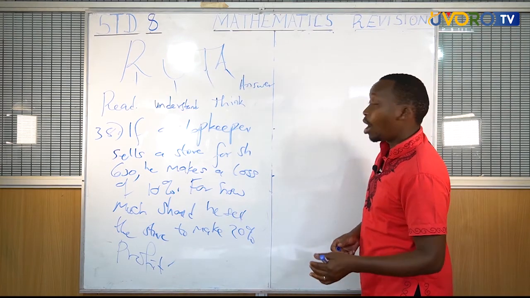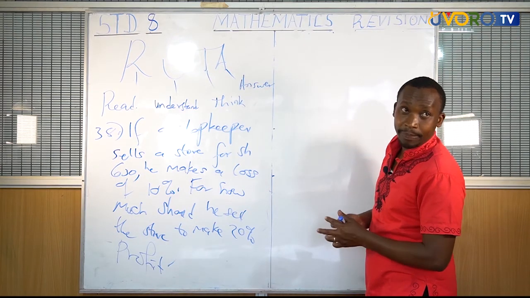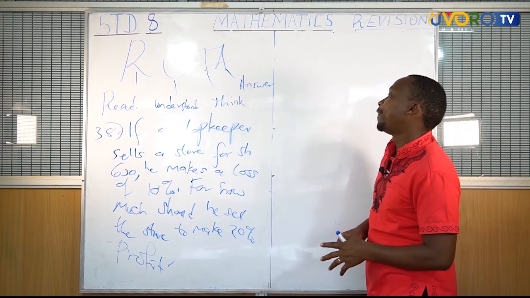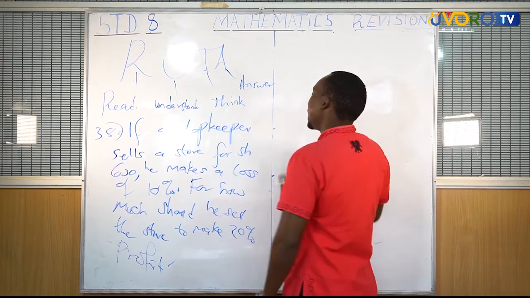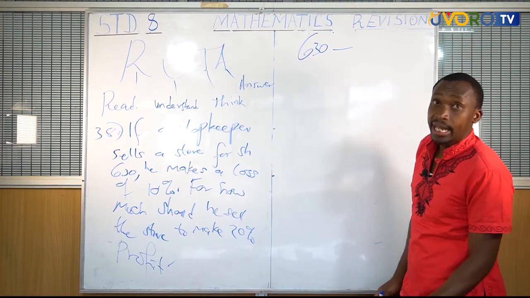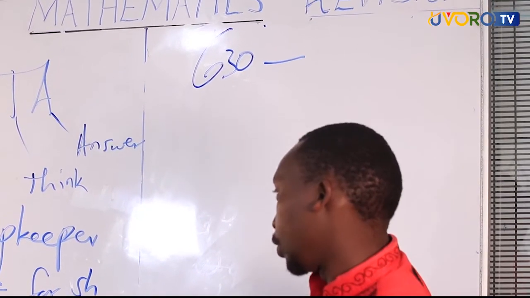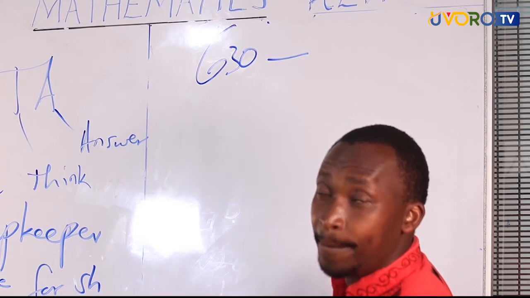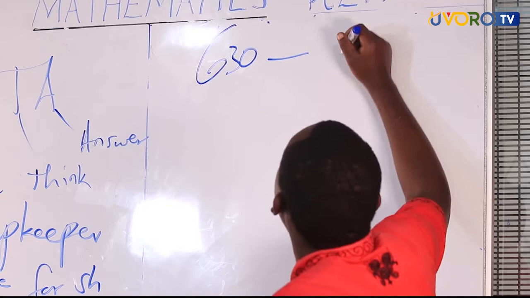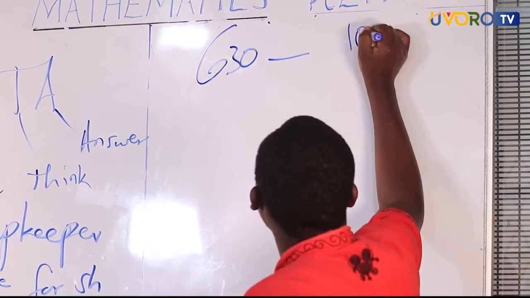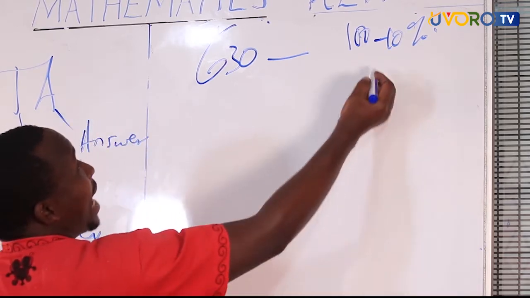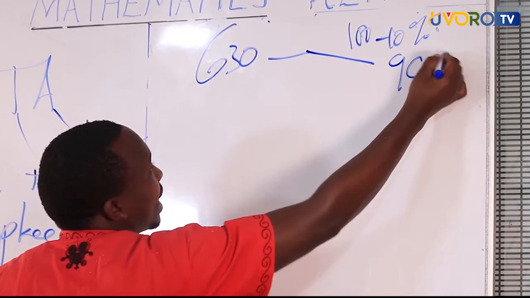Now, our original is always 100%. U for understanding. T for thinking. If this person sells it for 630, he will lose 10%. Meaning, the original is 100%, and losing 10% means it is 100 minus 10, which is 90.